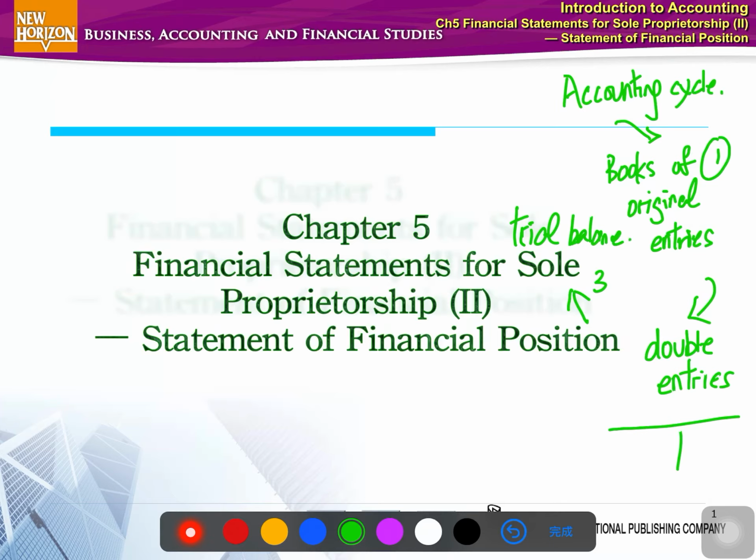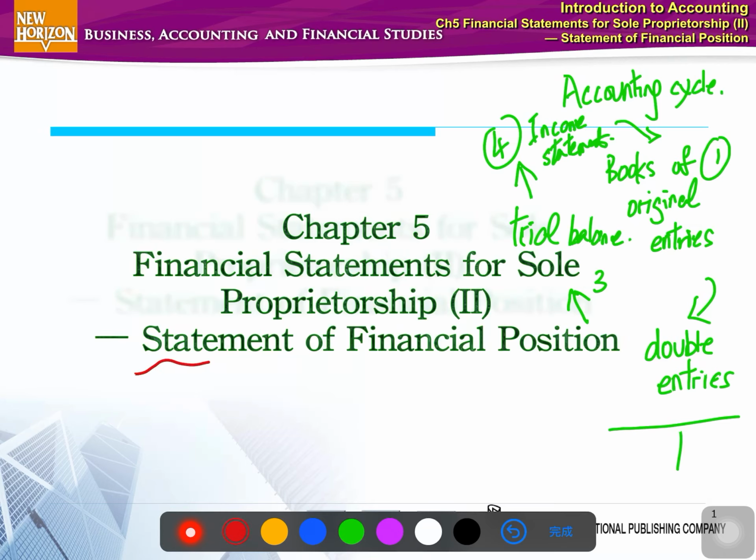We have learned to use a table to show all debit balance items and all credit balance items to see whether they are balanced. And 4, we have income statement, that we have learned in the last topic.